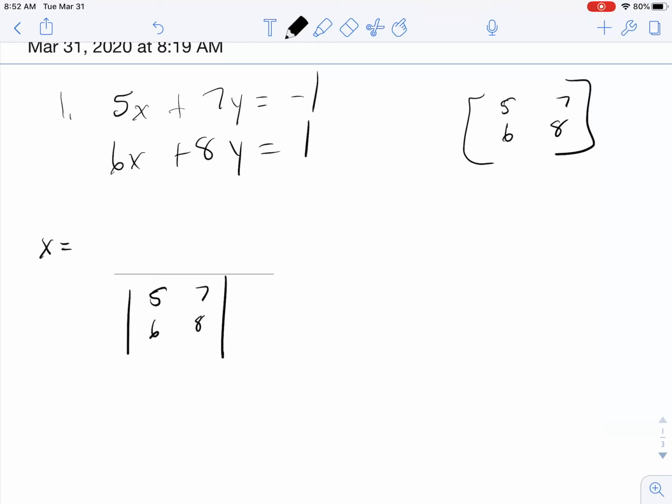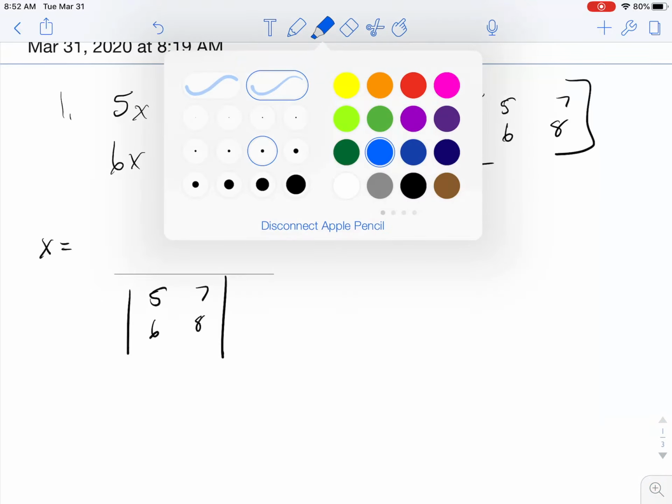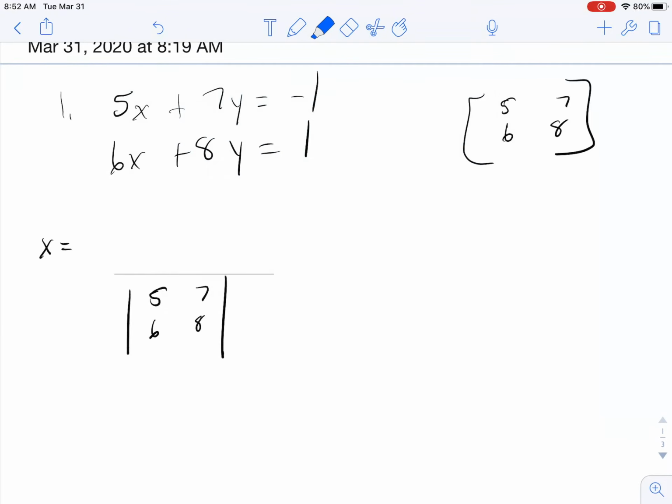In the numerator, watch what happens. You're going to take the values of -1 and 1, what both of these equations equal to. They're going to replace the coefficients of 5 and 6 and make another matrix. So watch this. -1 and 1 is going to be the first column.